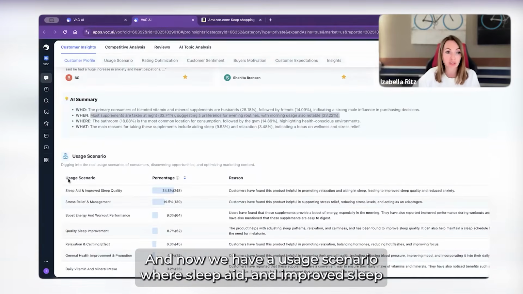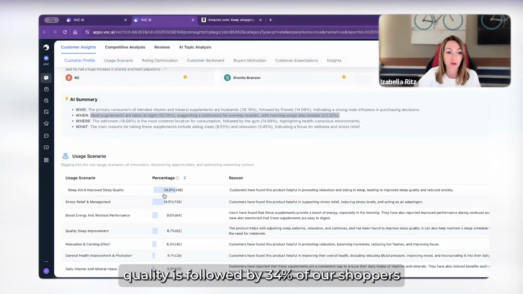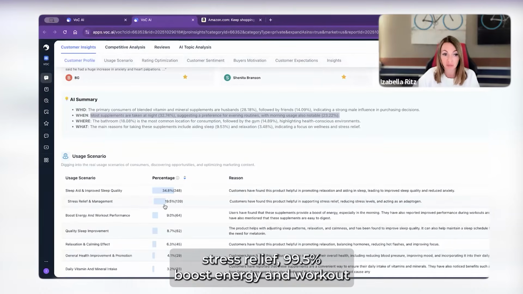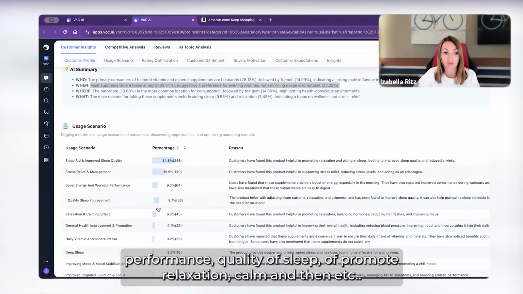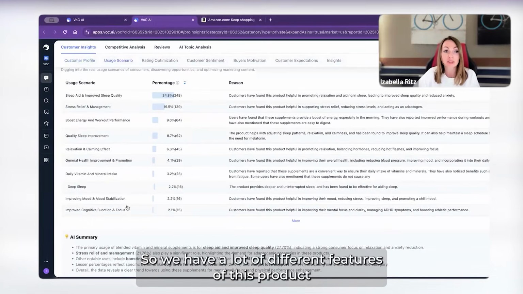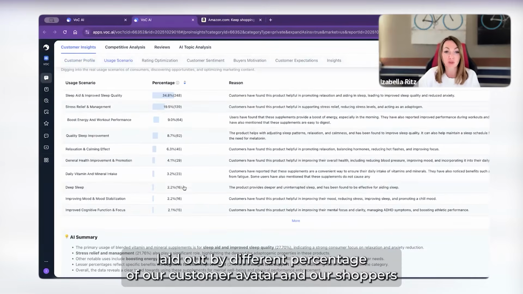Now we have a usage scenario where sleep aid and improved sleep quality is followed by 34% of our shoppers, stress relief 19.5%, boost energy and workout performance, quality sleep improvement, relaxation, calming, and etc. So we have a lot of different features of this product layered out by different percentage of our customer avatar and our shoppers.